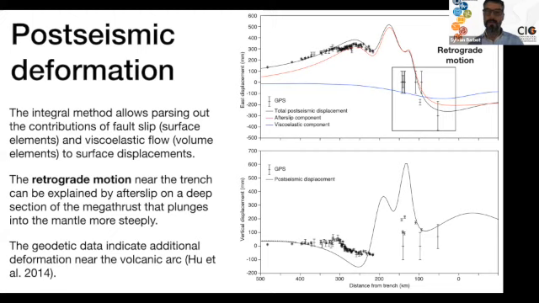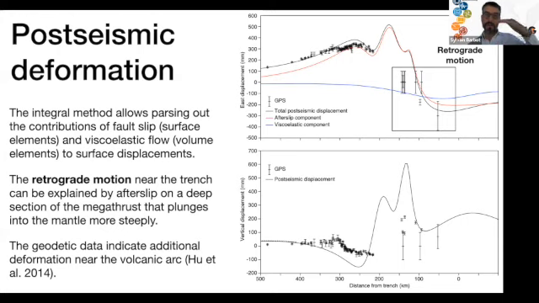And what this model shows is that we can explain this retrograde motion by deep afterslip, deeper than the seismogenic zone, on segments of the megathrust that plunge into the asthenosphere at a higher angle.